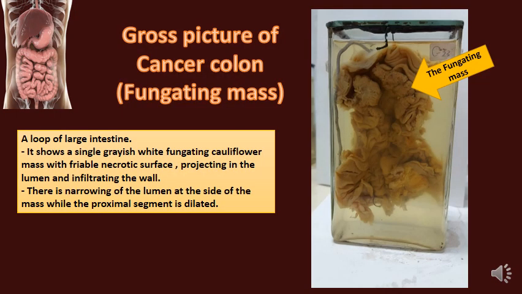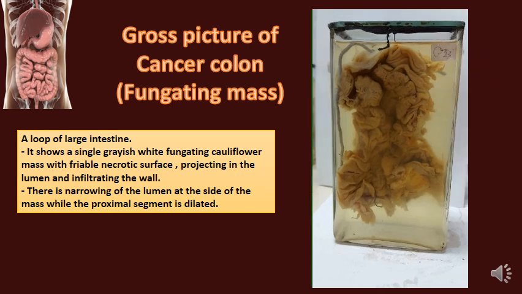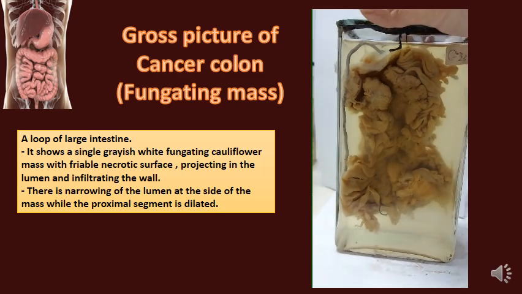The next specimen is the gross picture or jar for cancer colon fungating mass. We have here a loop of the large intestine showing a single grayish white fungating cauliflower mass. It has a friable necrotic surface and it projects into the lumen.